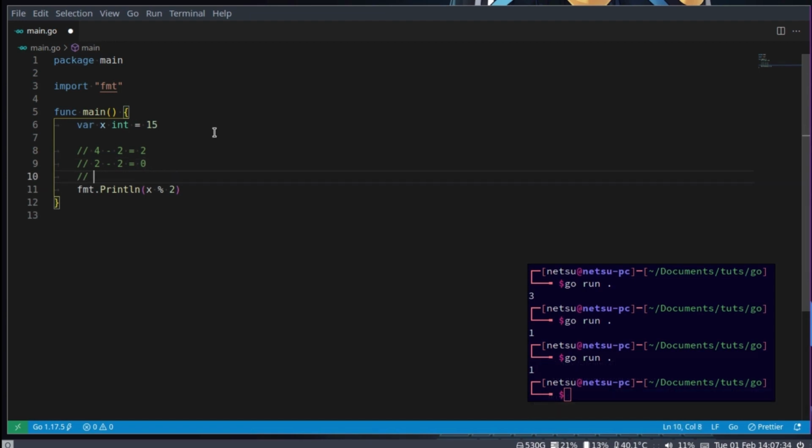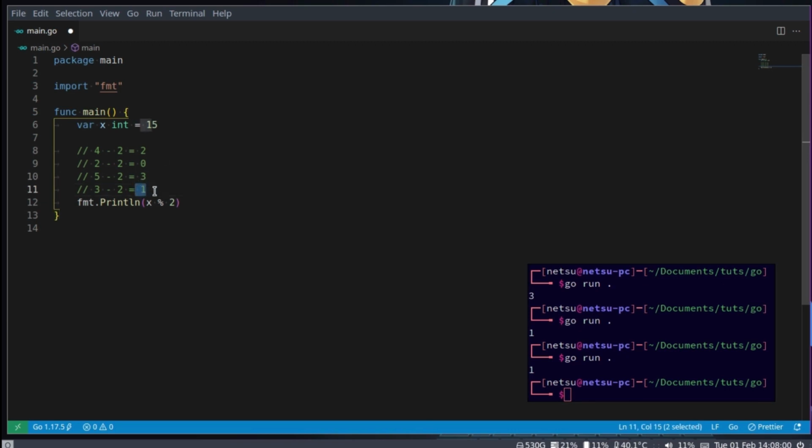However, if we do something like 5 minus 2, that will give us 3. And then we have 3 minus 2, and that will give us 1. But we cannot do 1 minus 2 because that will give us negative 1. And negative 1 is not allowed, only 0 and up.